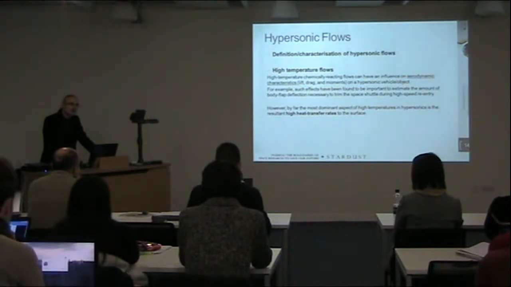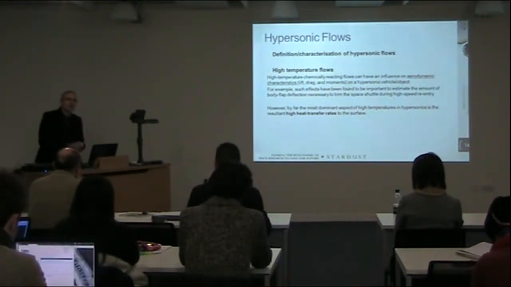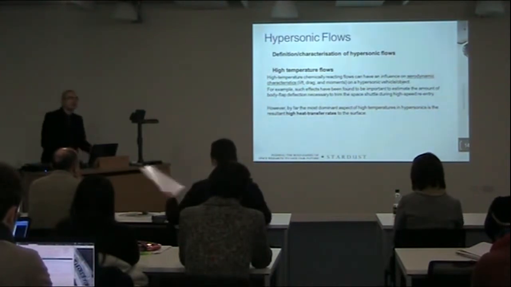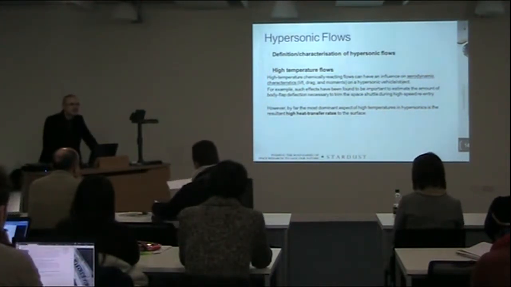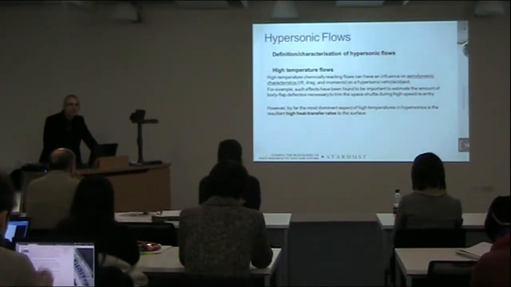Especially due to the apparent change in the shape of the vehicle, there are also changes in the aerodynamic characteristics of the vehicle. So lift, drag, and moment on the vehicle are different.